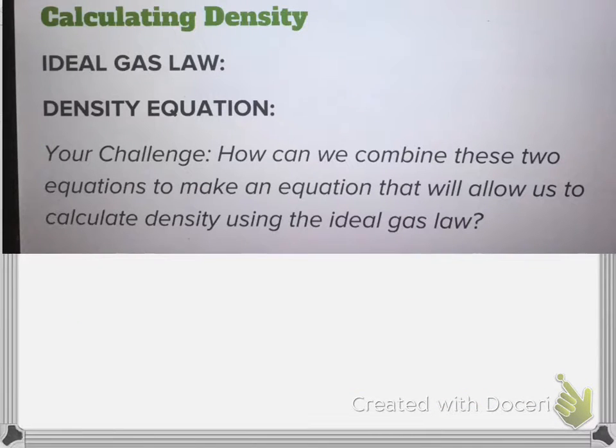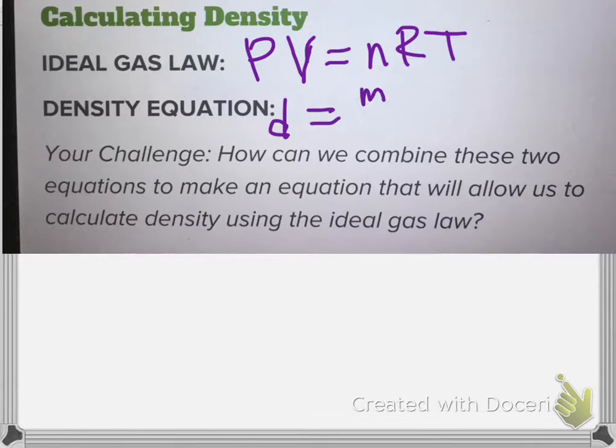The last one we're going to do is relating the ideal gas law to density. So again, the ideal gas law is PV equals nRT. And the density equation is D equals mass over volume. So again, our overlapping variable in these equations is going to be our volume.